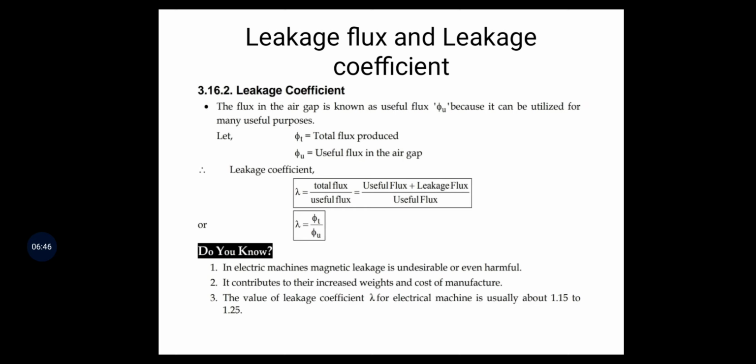Here phi t is equal to total flux, and phi u is equal to useful flux in the air gap.